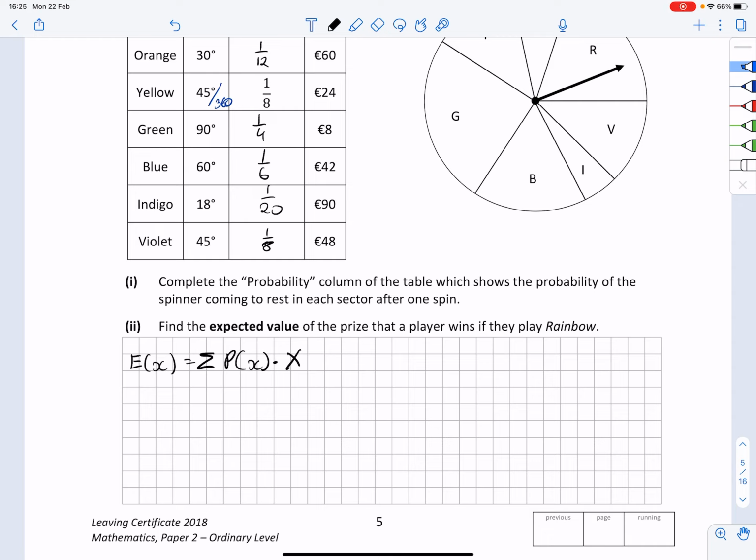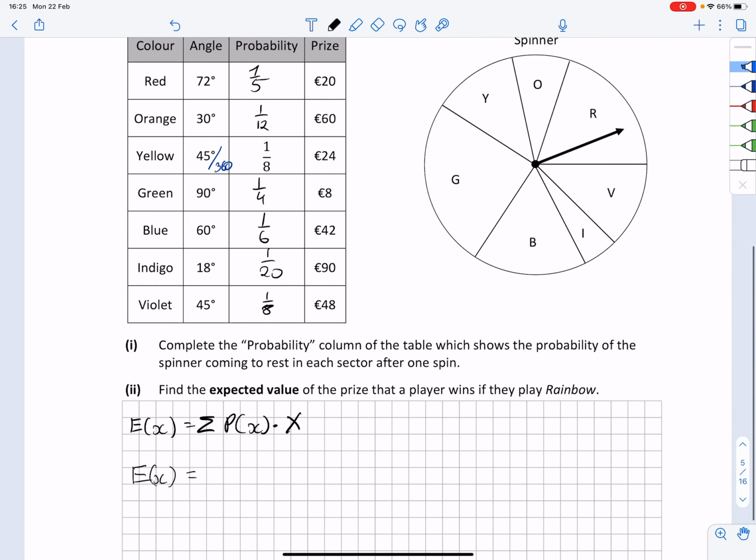So in our case the expected value for the winnings will be equal to the probability of winning from red, which is 1/5, multiplied by 20, plus the probability of winning from orange, 1/12, multiplied by 60, which is the amount of winnings, and then we'll continue like that for all the other possibilities of winning.